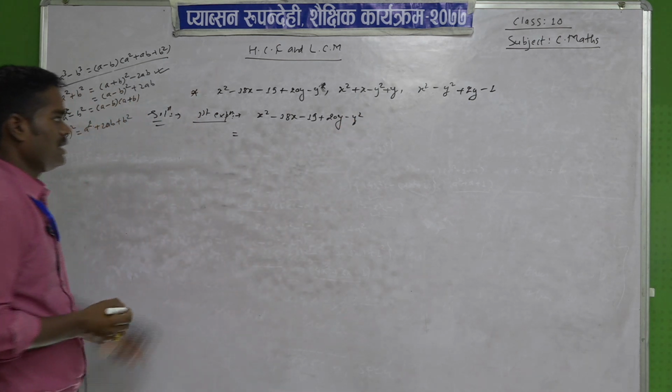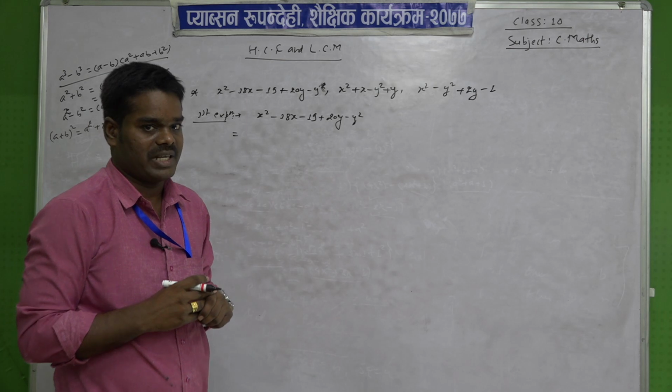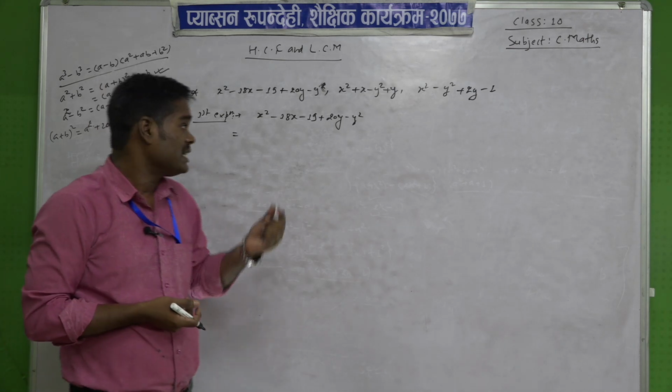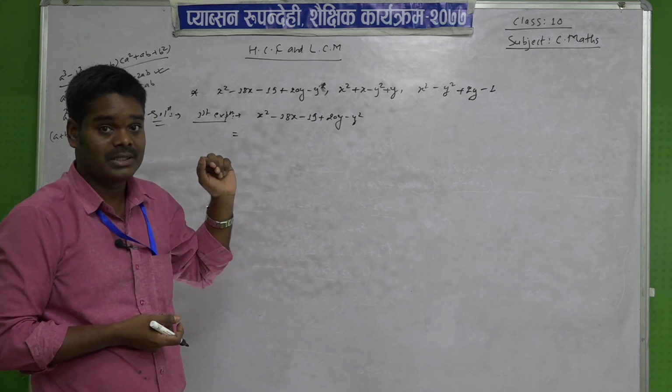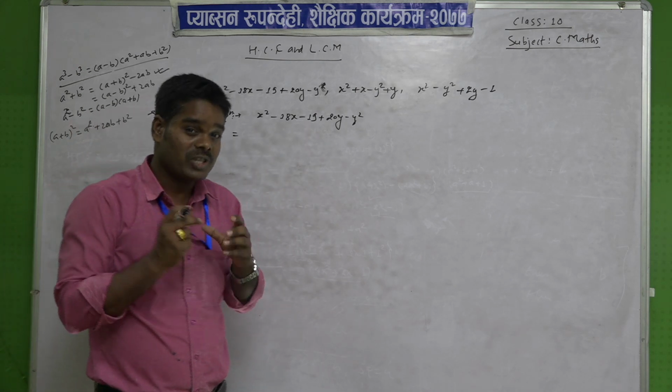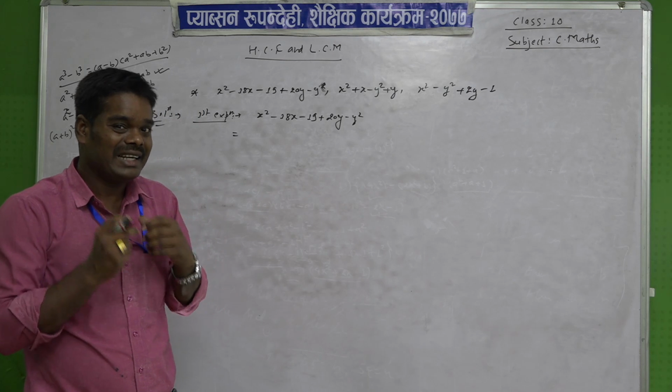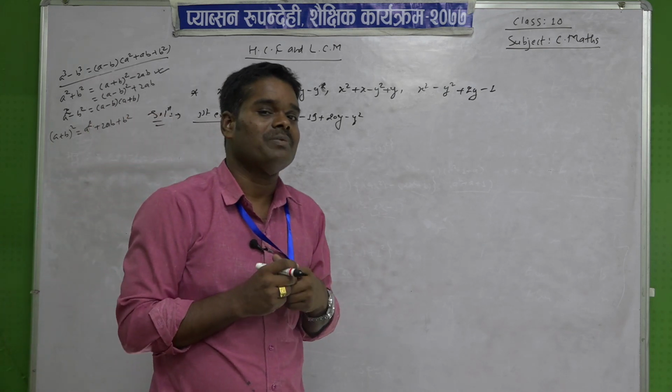Then after, see here, how many terms are here? 5 terms are here. So by splitting the term without a variable, we have to split it into 2 parts in such a way that each part can be written in the form of a square.